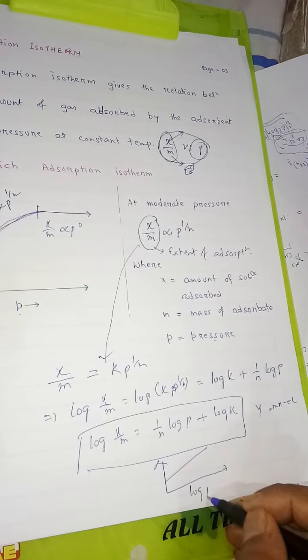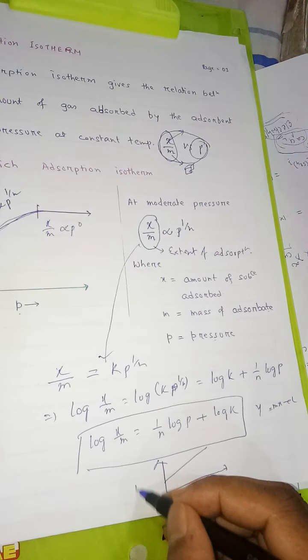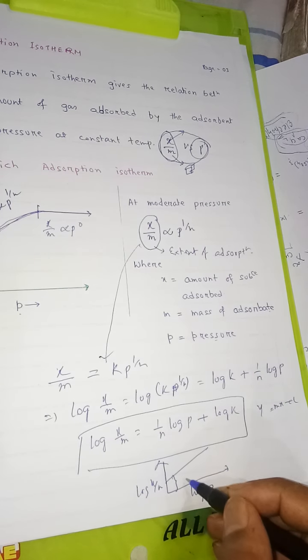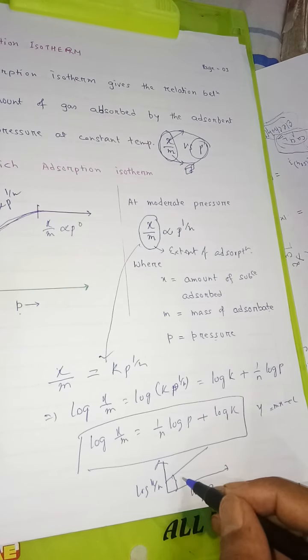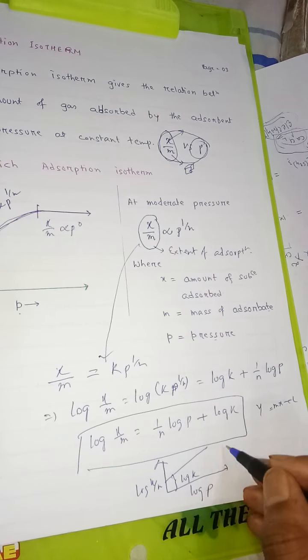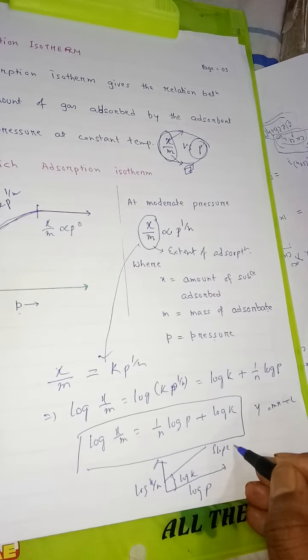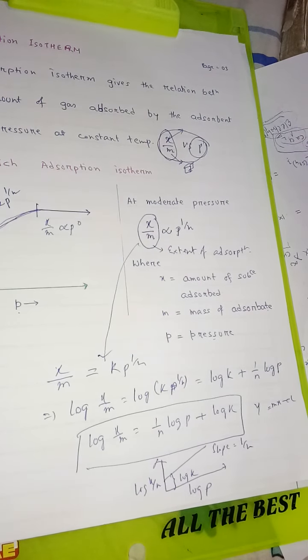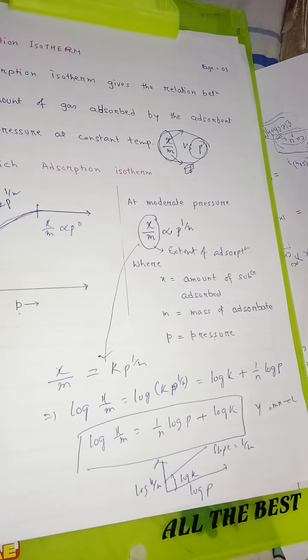This is your log p and this is log x by m, and this one is your intercept, log k, and the slope will be 1 by n. So that's all for today. Next day we'll start from this point.